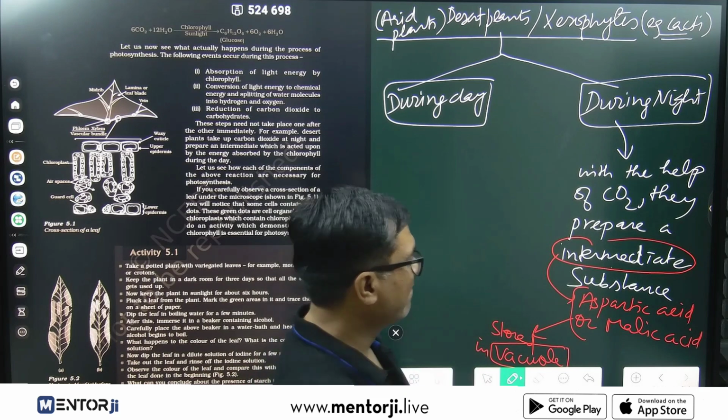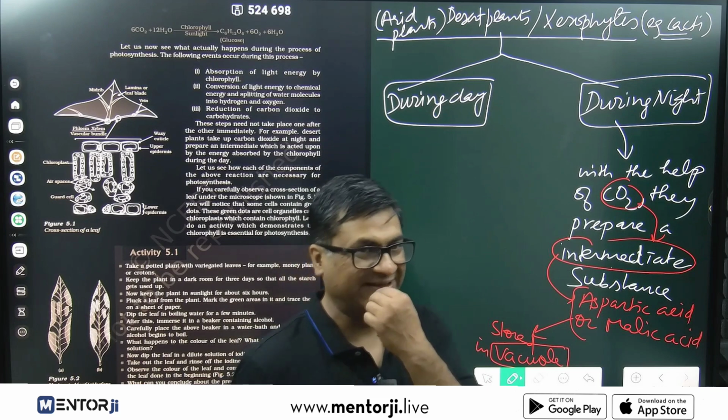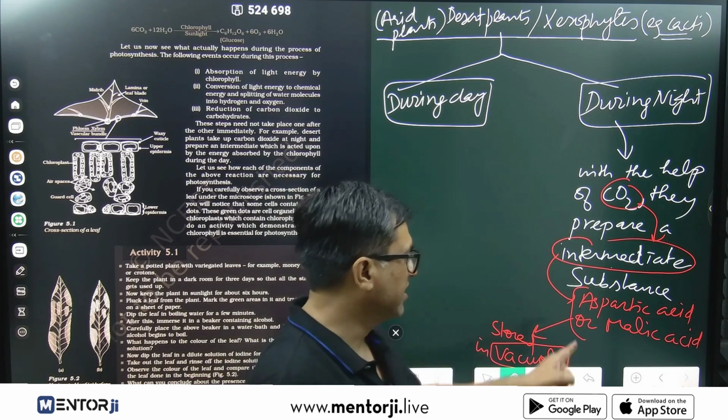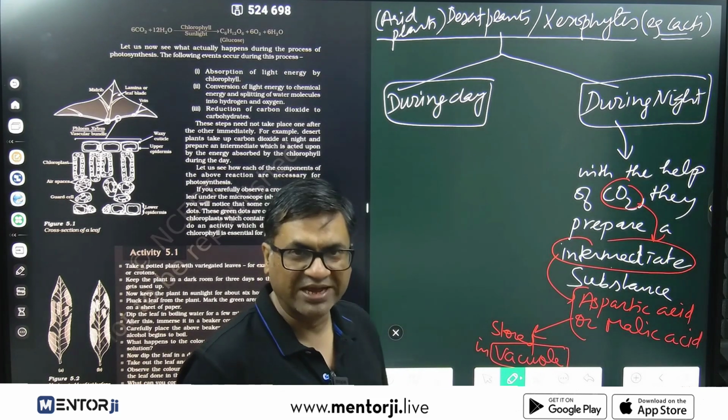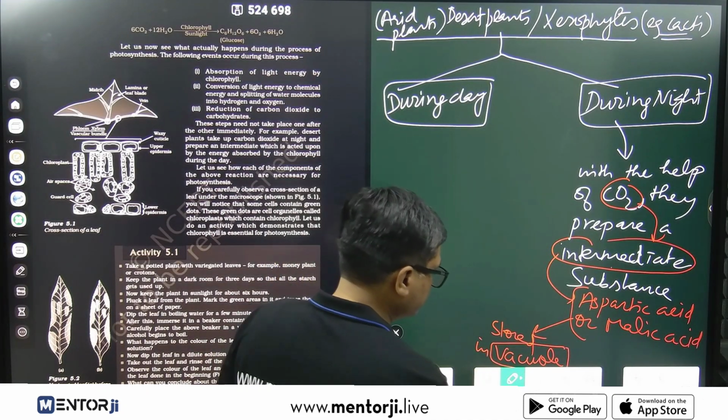CO2 की हेल्प से दे प्रिपेयर intermediate substance, intermediate compound, that is aspartic acid or malic acid, and they store this malic acid in their vacuole.